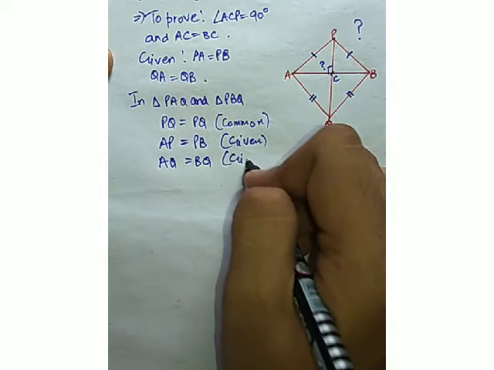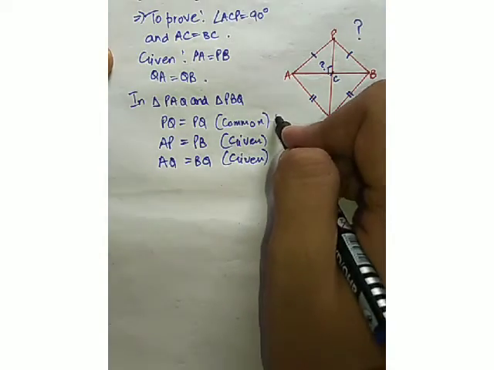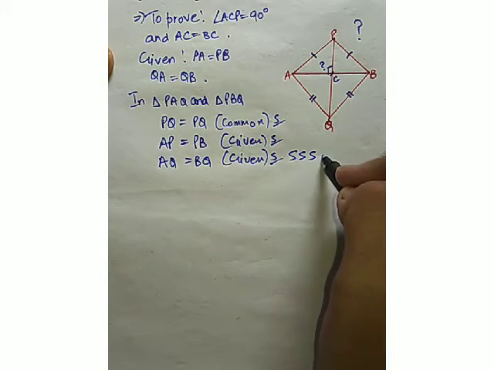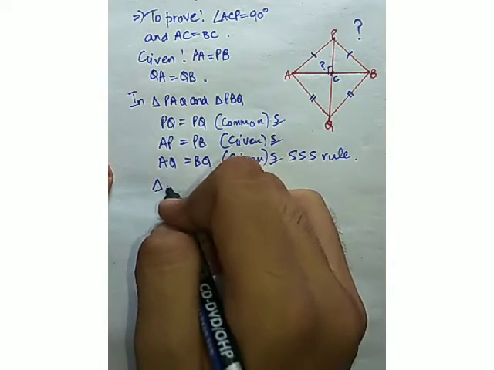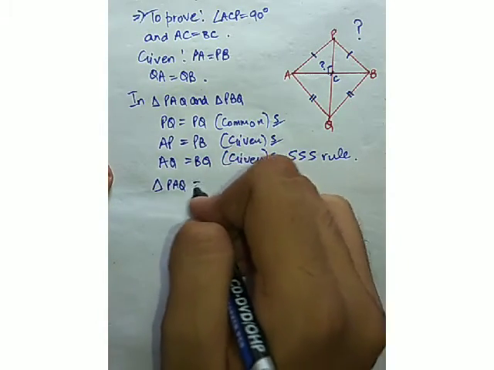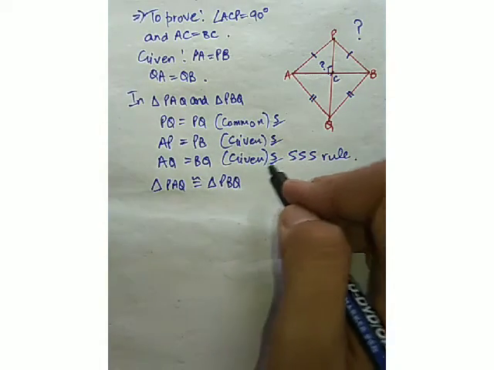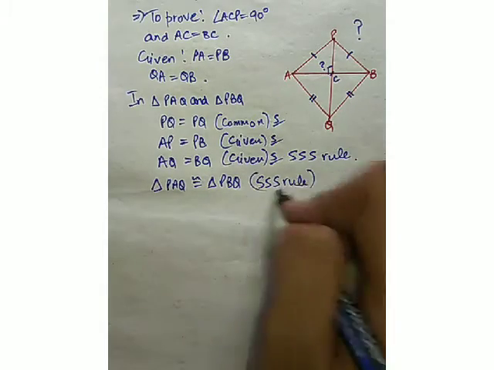So by using which rule? SSS rule, because this is a side, this is a side, and this is also a side. So by using the SSS rule, we can easily write that triangle PAQ is congruent to triangle PBQ. Right?